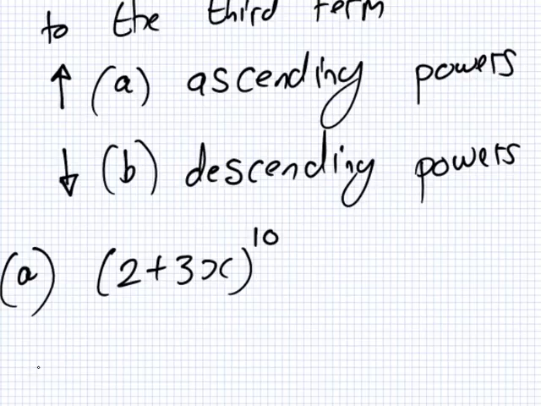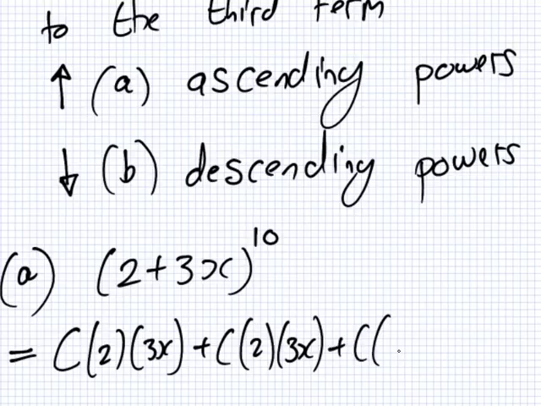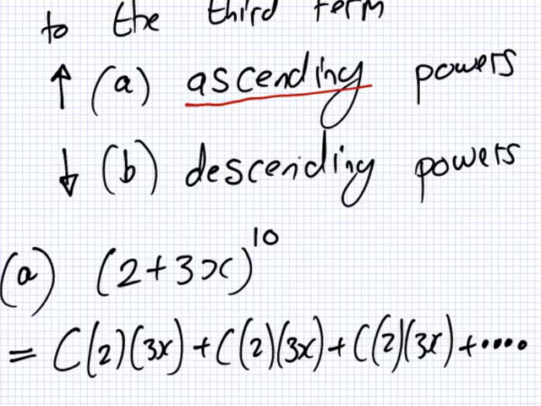If I put a 0 here, then this one needs to be a 3, then a 1 and a 2, a 2 and a 1, a 3 and a 0. 3C0 is 1, and this is 1, so it starts off with y cubed. That's a 3 and a minus 2, so that's a minus 6. That's a 3 and a 4, so that's 12. That's a 1, that's a minus 8. So this is the answer.